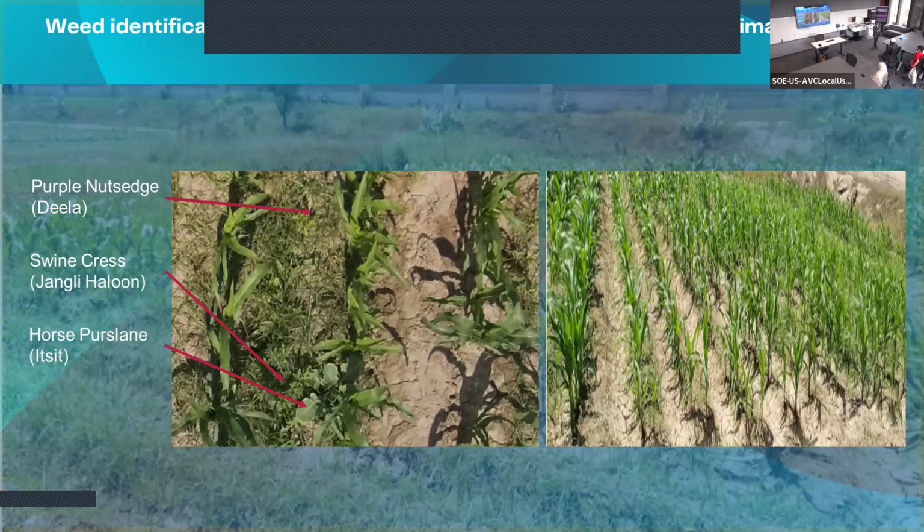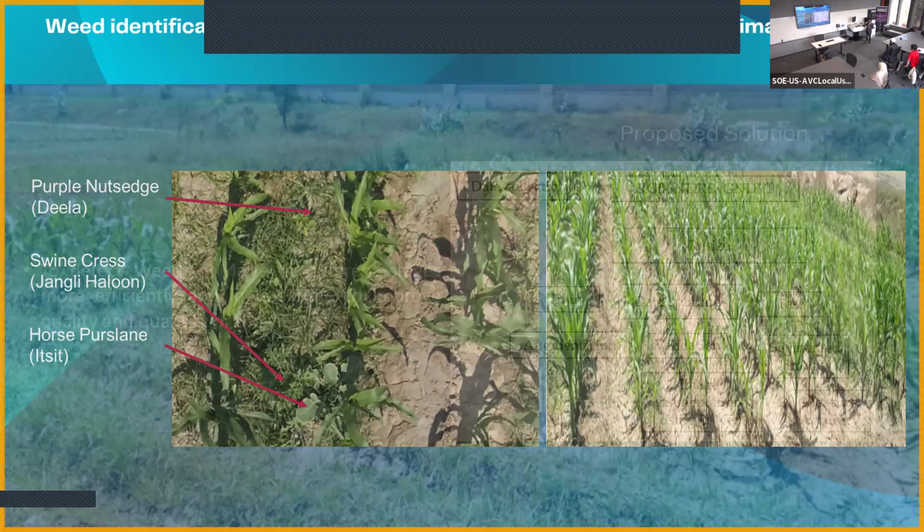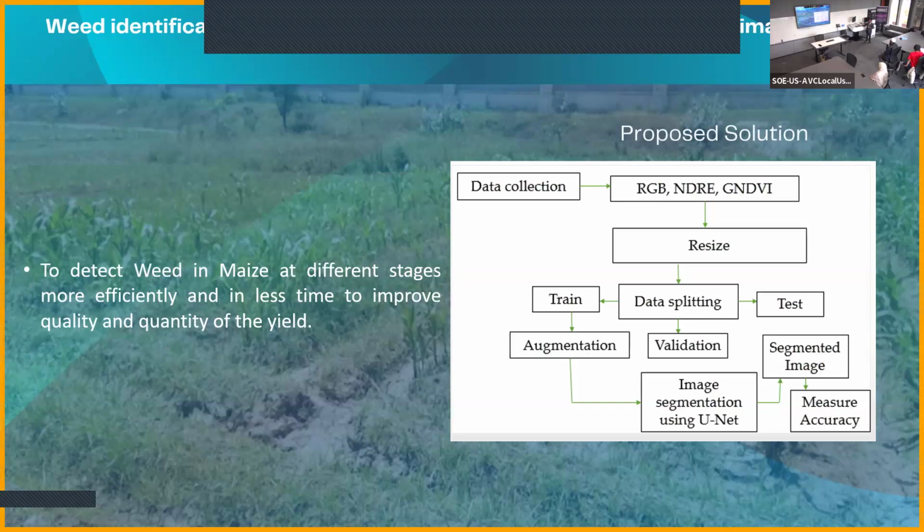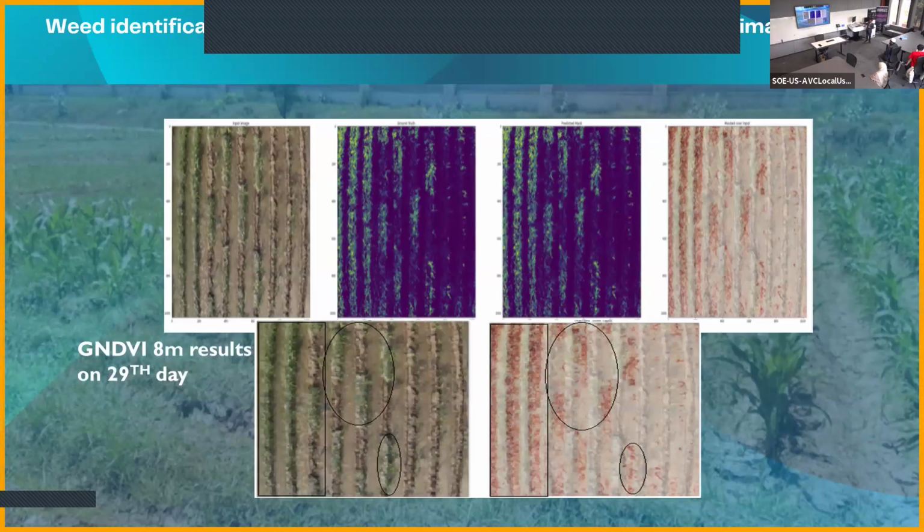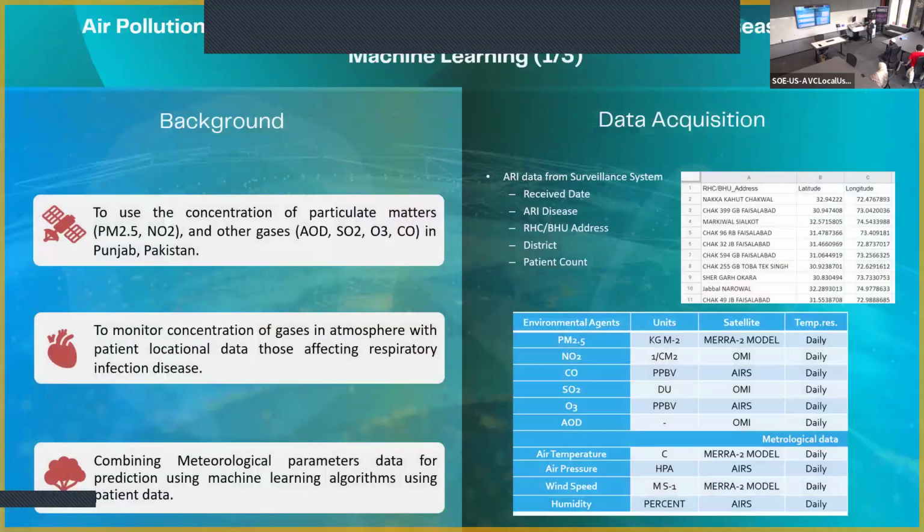But remote sensing and these hyperspectral remote sensing images can detect up to the root level and give you more accurate information. And we did the studies, and we found these weeds through these multispectral images, and we tried to classify and detect using this technology.